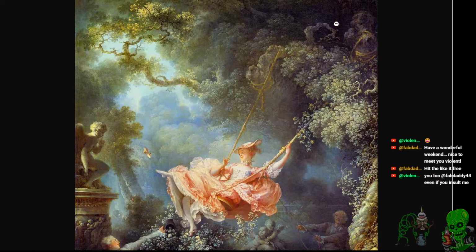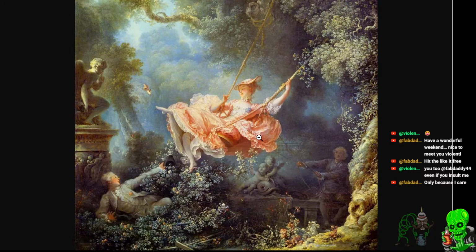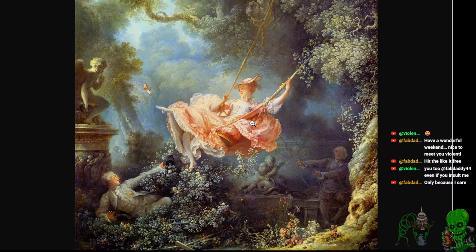And the ropes and everything else on it, it's just so well done, and the attention to detail really makes you understand why he was such a popular artist and sought after at the time.